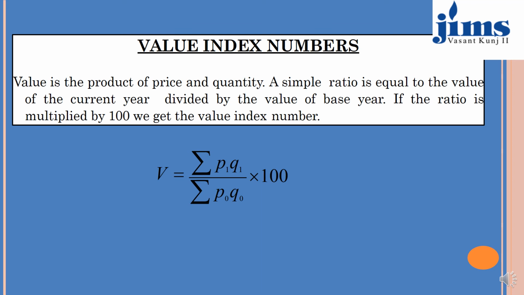Value index number is another type of index number, based on the value of the product, that is, prices and quantity. It is a simple ratio: the value of the current year divided by the value of the base year. On that basis it is equal to sigma P1Q1 divided by sigma P0Q0. Here P1 is the price of the current year and Q1 is the quantity for the current year, and P0Q0 are the price and quantity for the base year.